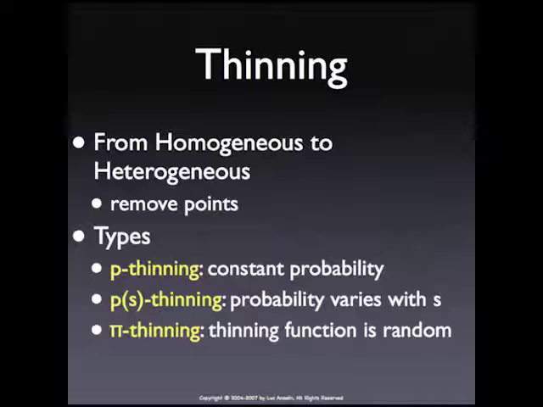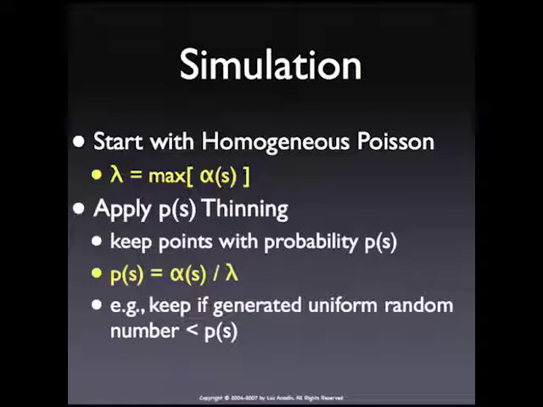So you set the maximum of the intensity that you allow for the process, and then you generate a completely spatially random process using that maximum. Let's say our intensity varies between 2 and 10. So what we do is we create a uniform CSR process with intensity 10. And then we look at each of these points in turn.